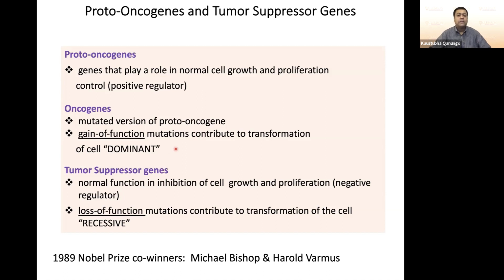What happens is that you have two alleles in your chromosome. If just one of them is an oncogene, you will have that as dominant. That means if you have the mutation in both alleles, that is homozygous and dominant, it will cause cancer.